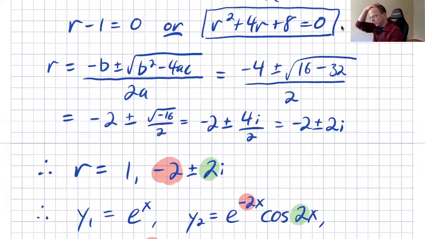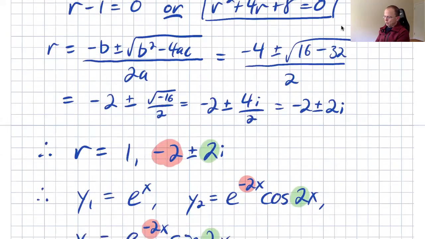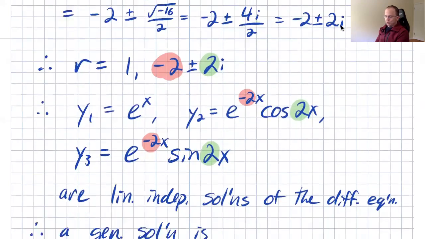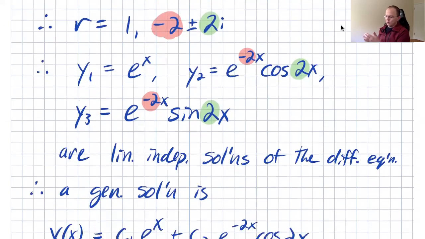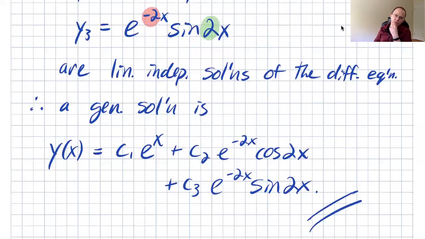There is another way to do this, as I mentioned briefly. You can do a complete the squares trick, which maybe I'll show you at some point. But for now, I think this is a good approach, to just use the quadratic formula to get the roots of that quadratic equation. Once we know the roots, we write down the linearly independent solutions of the homogeneous differential equation, and that gives us our general solution.